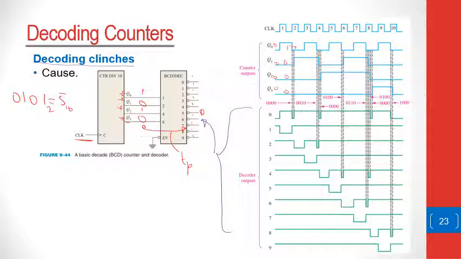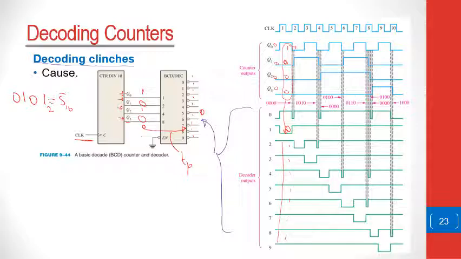Because of that, in this transition, as you're going to 2, the output here changes. At this stage, in fact, let me just start by saying, at this stage here, the output of the counter is 1, which means the only active output here will be 1, which is this one. The rest here will be inactive. So 1 will be 0, which is active. The rest will be inactive, which is 1 1 1 1, because the decoder output is active when it's low.